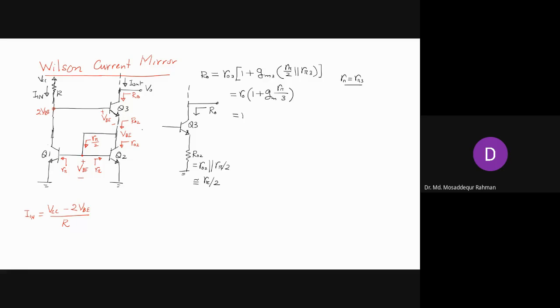Now this we can further simplify to 1 plus gm R pi, and gm R pi is beta, so it will be beta by 3.